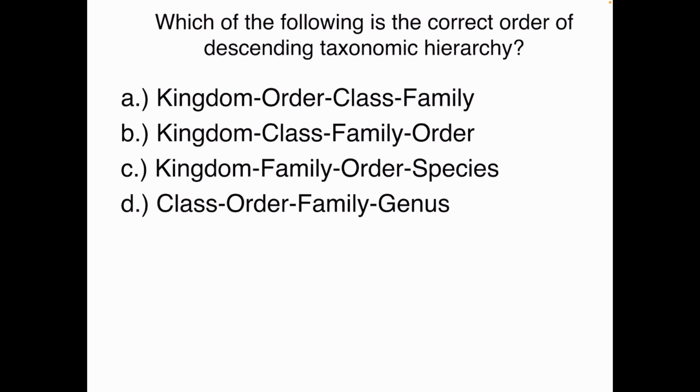Option B, kingdom, class, family, order. Option C, kingdom, family, order, species. And option D, class, order, family, genus.